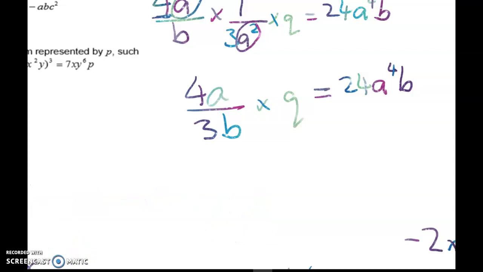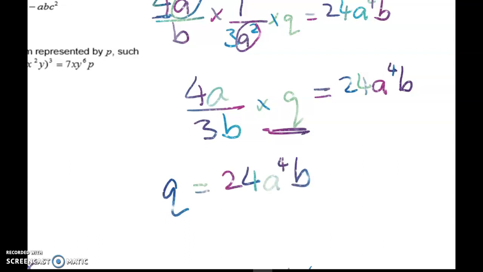So, what's q? Well, if I want to undo multiplication, I do division. So q will equal 24 a to the power of 4 times b divided by 4a over 3b.